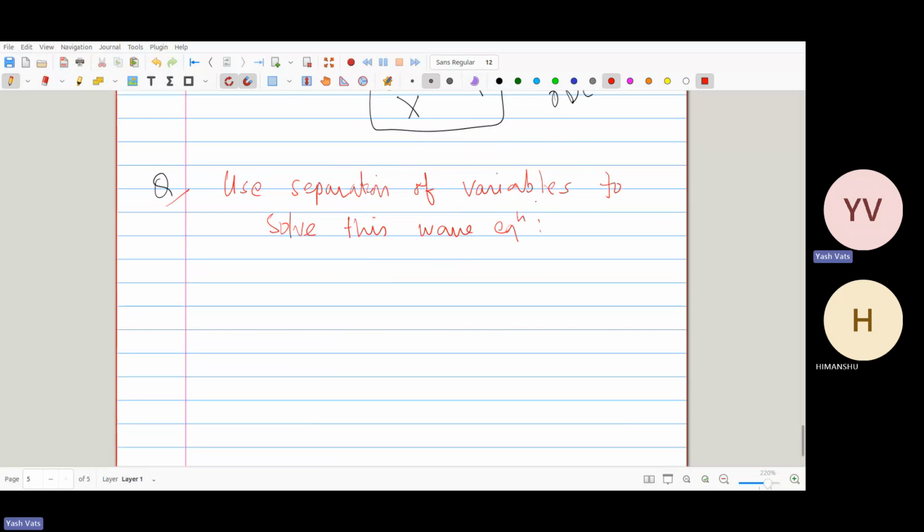The equation is this, with c square. Just try to find an expression of ordinary differential equation in this case. So just try this for 5 minutes.